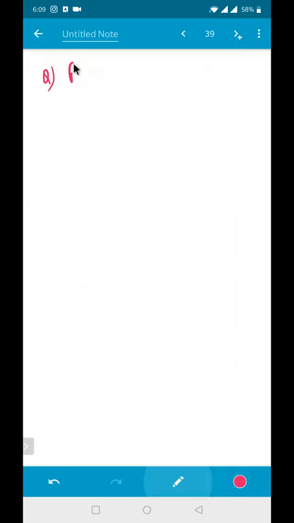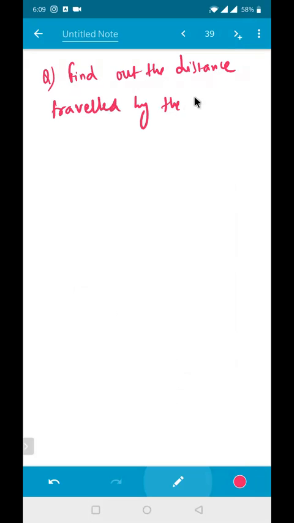See here, the question right now from this one is: find out the distance traveled by the blocks shown in figure before it stops.